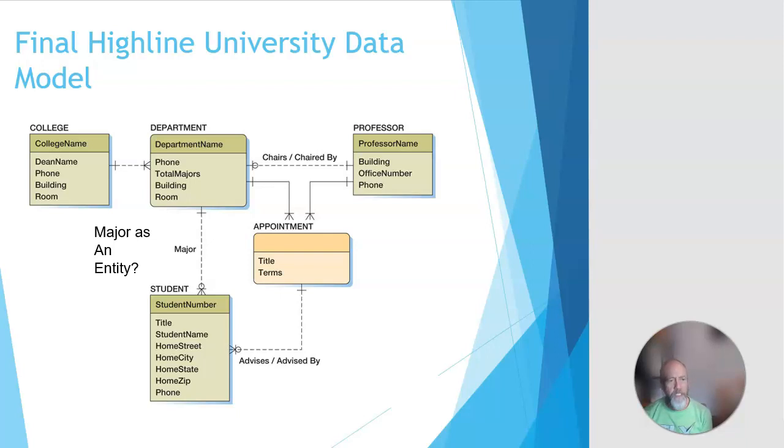The student's relationship wouldn't necessarily be to the department, it would be to the major, but because the major has a relationship to the department, you would get the connection back to the department. Okay, hopefully you listened to that. This is a model. I put that question mark as major as an entity. Hint, hint, hint, hint. You may see this again. Okay, how would you model this? Just saying, for those people that listen to me.